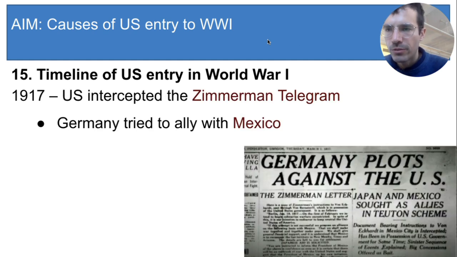Then, 2 years later, U.S. intelligence intercepted a secret telegram that Germany had sent to Mexico, and it was called the Zimmerman telegram. In the Zimmerman telegram, the Germans promised Mexico that if Mexico allied with Germany and attacked the U.S., Germany would help Mexico regain the lands it had lost to the U.S. in the Mexican-American War way back in 1848.